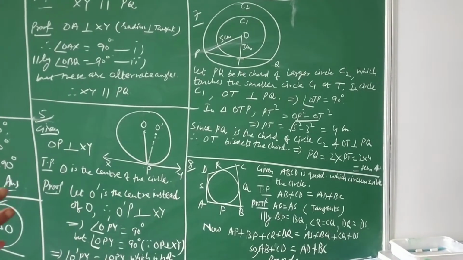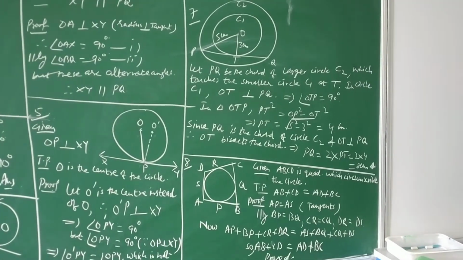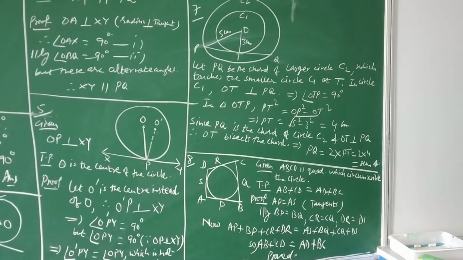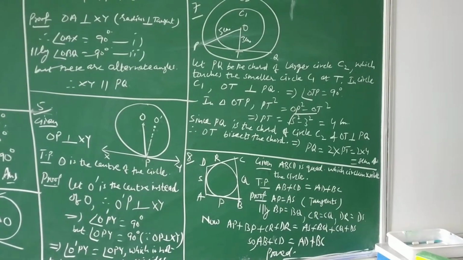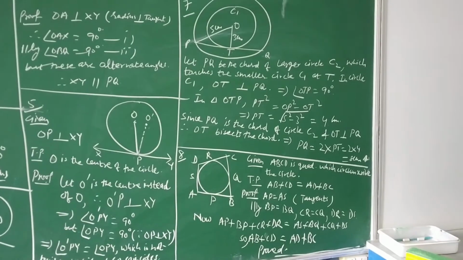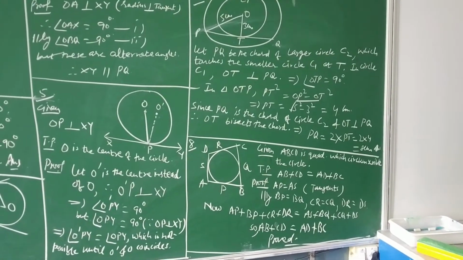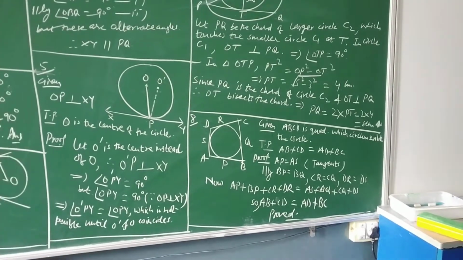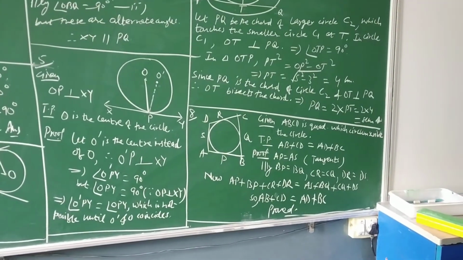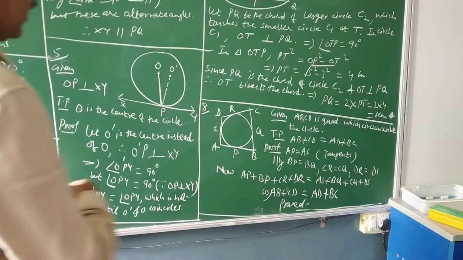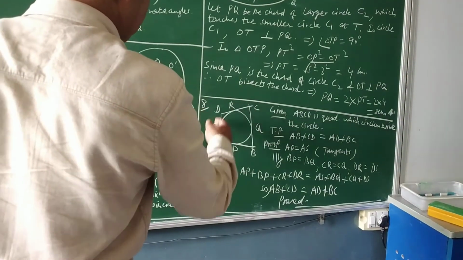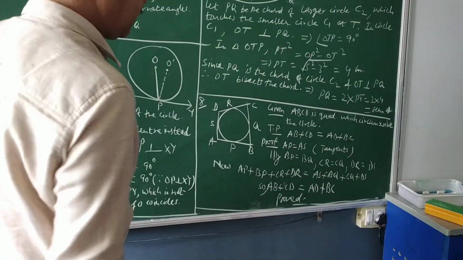So the first 7 questions are the application of theorem number 1, radius is perpendicular to the tangent. And the 8th question I am taking: a quadrilateral ABCD is given to you which circumscribes a circle, and you have to prove AB plus CD is equal to AD plus BC.